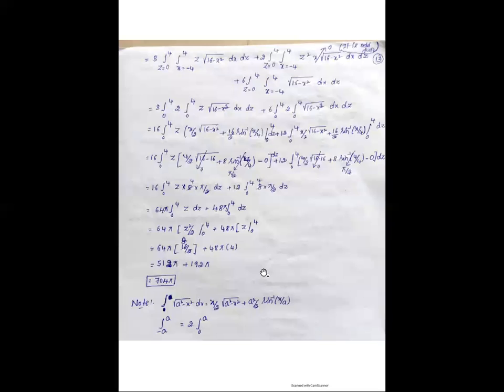The integral with respect to y is y, between the limits minus square root of 16 minus x square to plus square root of 16 minus x square, dx dz. Apply upper limit minus lower limit. Upper limit square root of 16 minus x square minus minus lower limit, minus into minus is plus. So adding these two, 2 into square root of 16 minus x square dx dz.